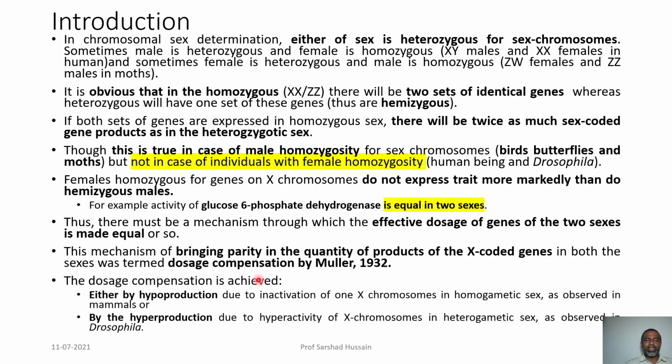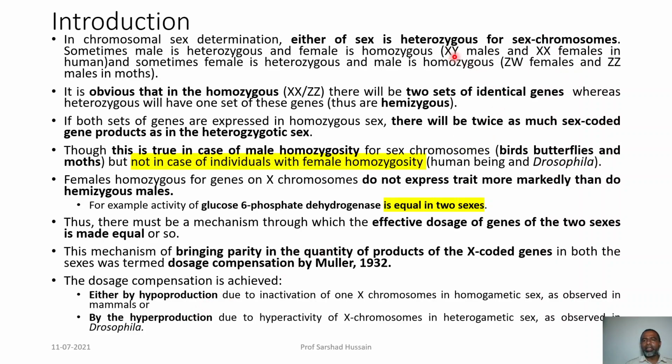The dosage compensation is achieved in two ways, either by hypoproduction, that means though the X chromosomes are present in double quantity, you inactivate one of the X chromosomes, so only one X chromosome will remain functional. So, it will be equivalent to the male which is already having only one X chromosome. So, it is the hypoproduction of the genes present on two X chromosomes, or there may be hyperproduction.